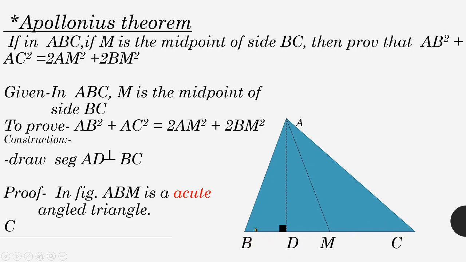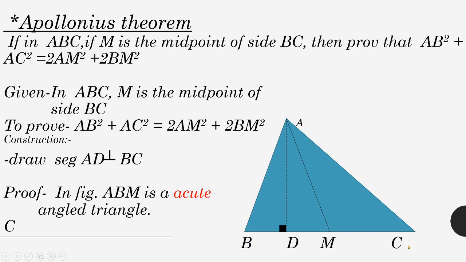Taking the square of both sides AB and AC, the sum of squares AB square plus AC square is equal to twice AM square, where AM is a median of ABC, plus 2BM square, which is half of this side.